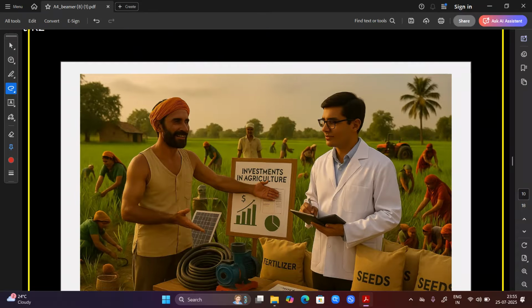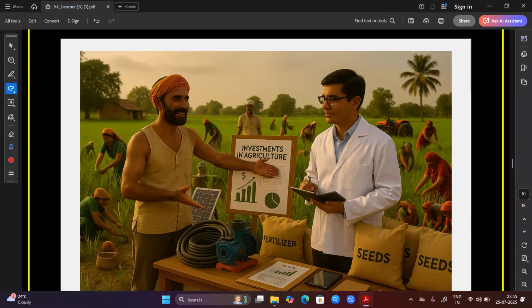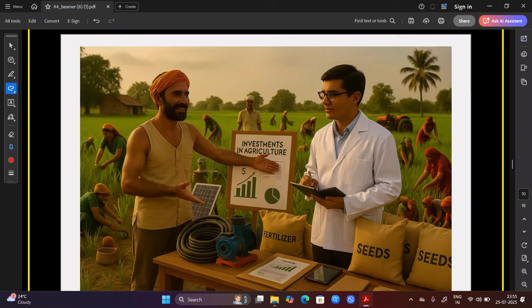Here you can see the farmer is discussing with the data analyst. Hey data analyst, why should I give a full 100% equal importance to the labor charge and investment? I have seen that if I reduce some labor workers, my profit will not be affected.